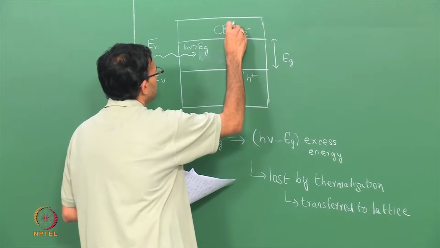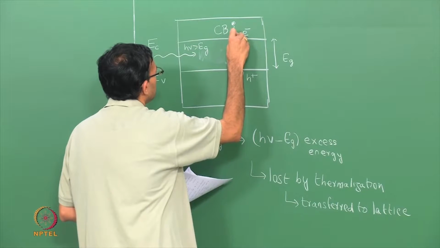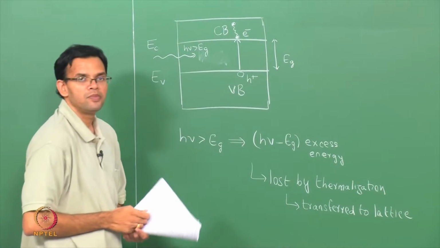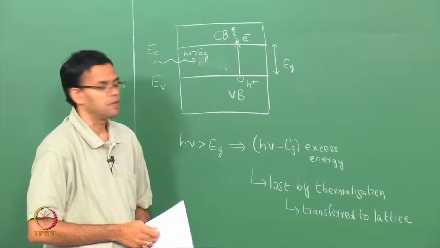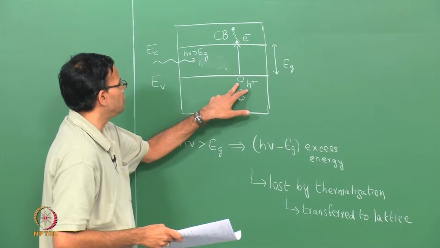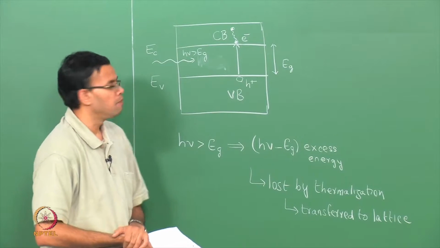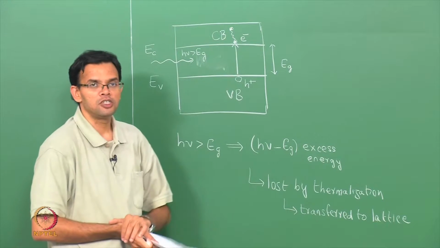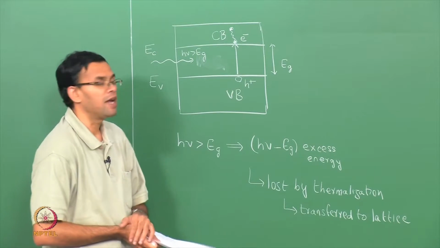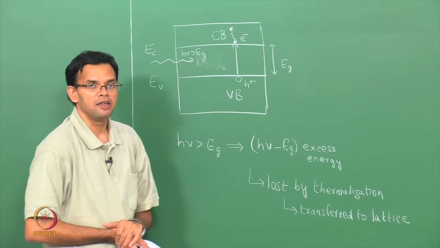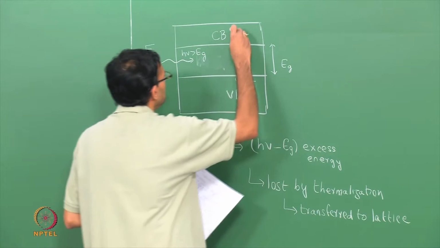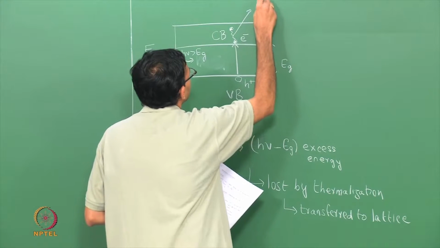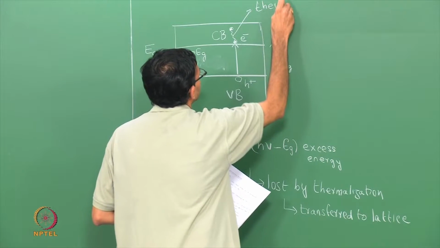But this electron will lose energy and then ultimately come to the bottom of the conduction band. So, you start with the hole at the top of the valence band. Because h mu is greater than Eg, your electron goes not to the edge of the conduction band, but to some energy higher, and the excess energy is lost by thermalization.